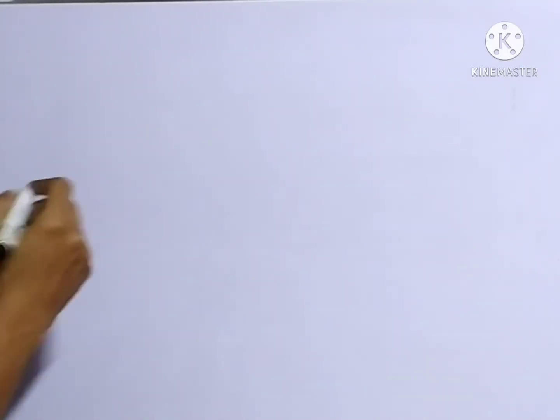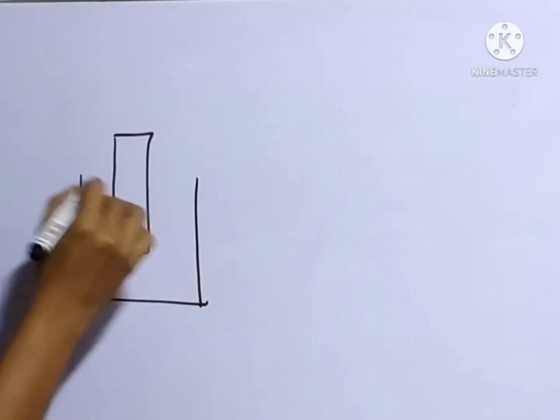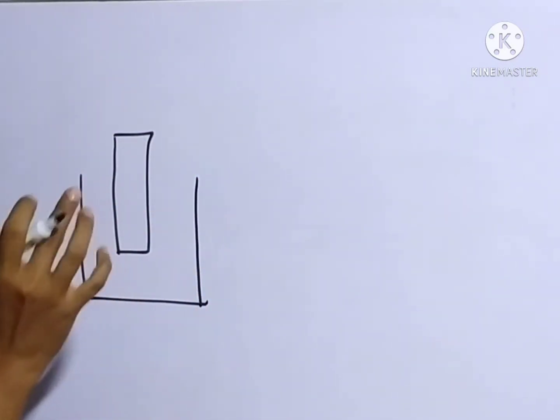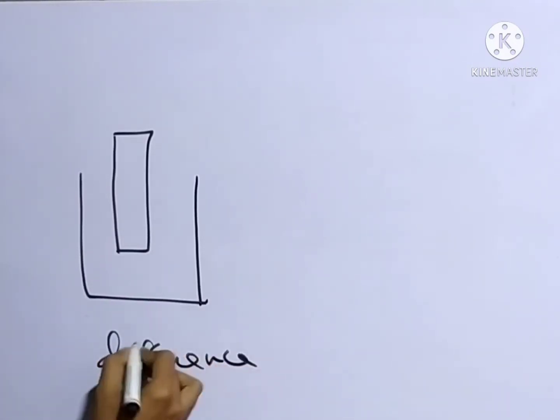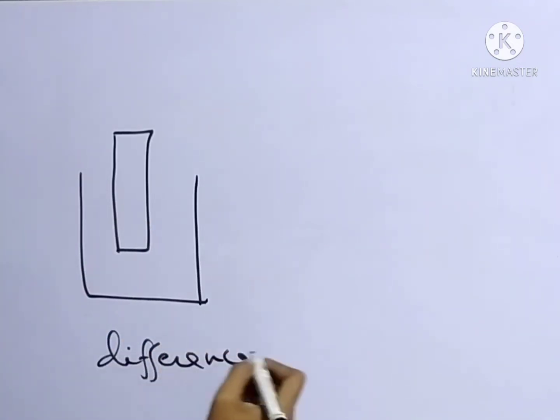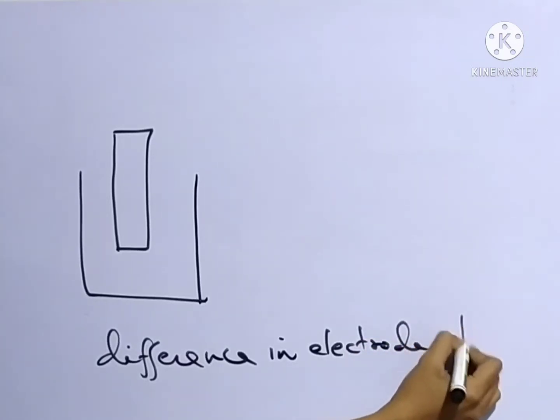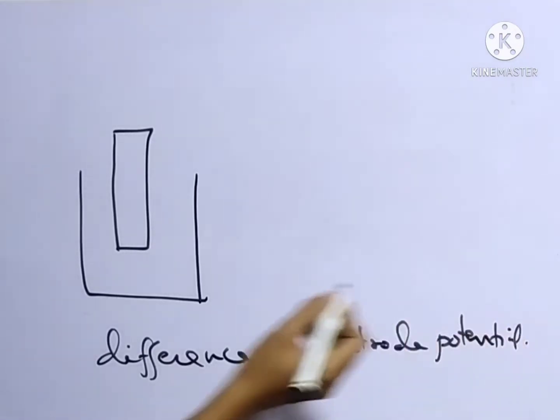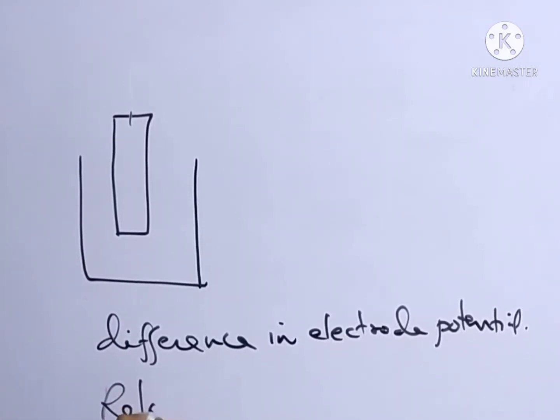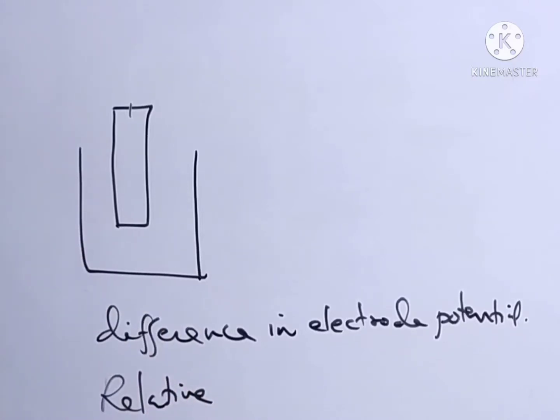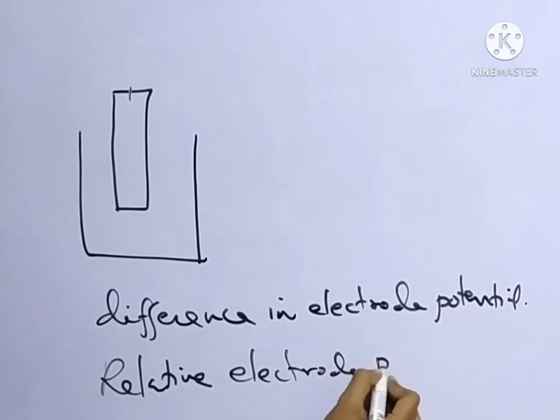Actually, it is difficult to find out the electrode potential of an individual half cell. We can only calculate the difference in electrode potential of two half cells. That means we are calculating the relative electrode potential of half cells or electrochemical cells.